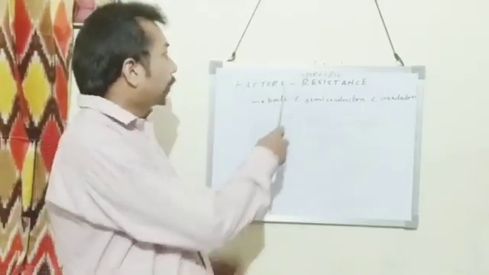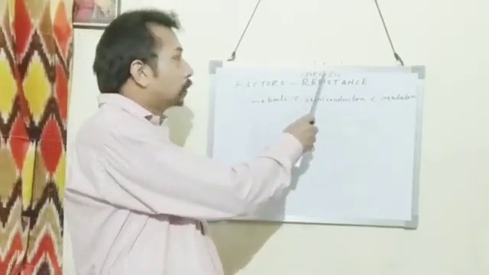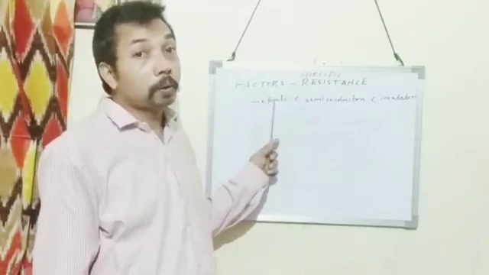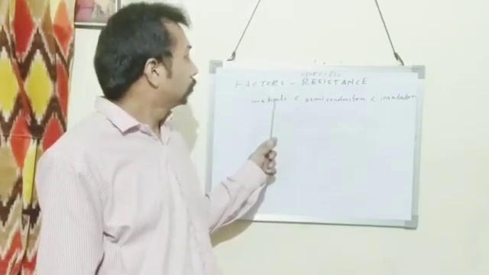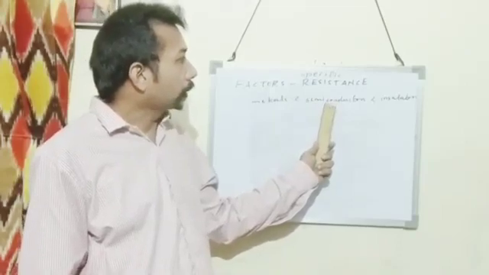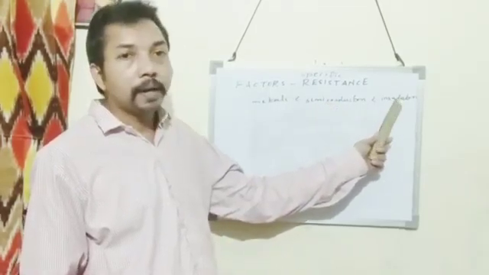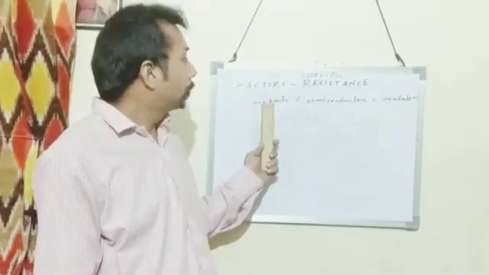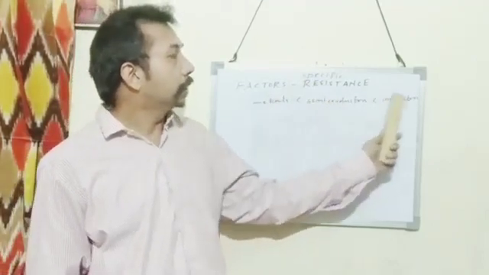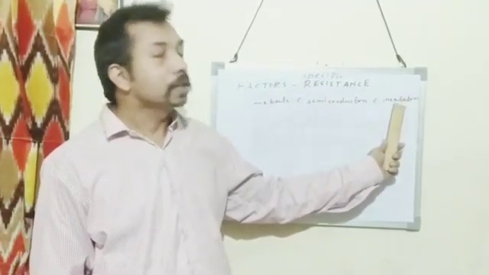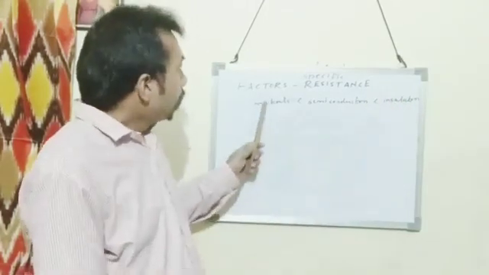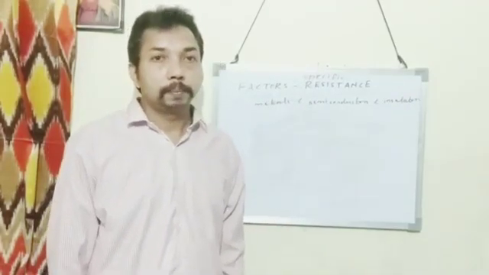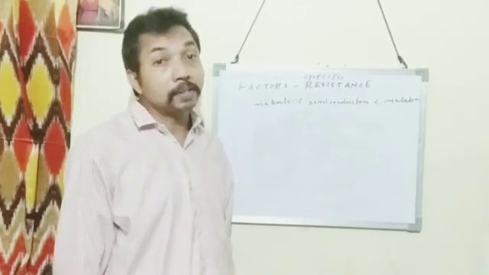So what are the factors on which the specific resistance depends? Specific resistance is very low for metals, low for semiconductors and very high for insulators. Specific resistance depends upon temperature.